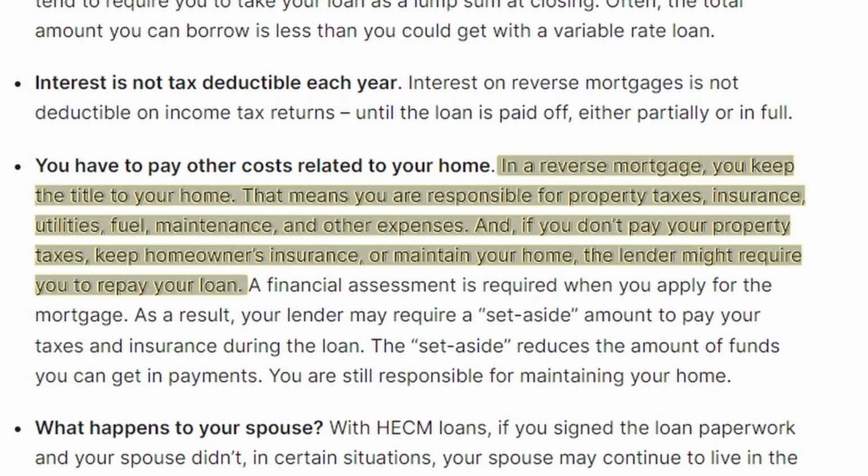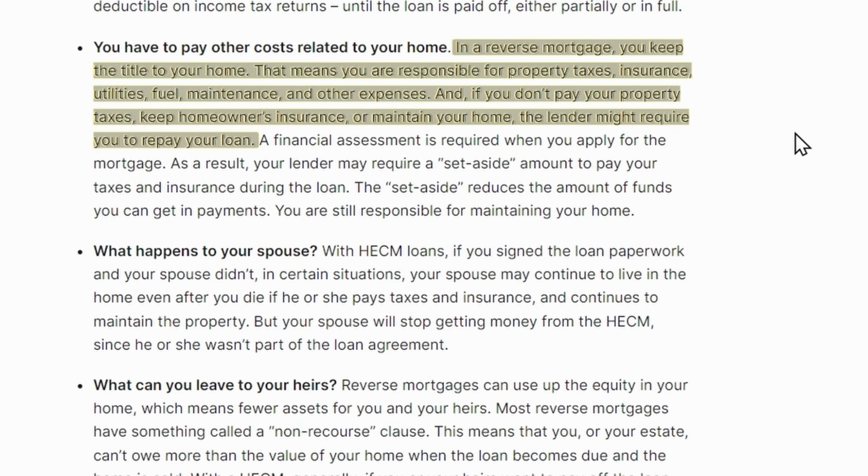If you don't pay the property taxes, keep the homeowner's insurance current, and maintain the house, the lender might require that you pay back the loan. So basically, you have to keep your utilities up, your taxes paid current, your homeowner's insurance current, and the house in livable condition. You do not have to make a mortgage payment.